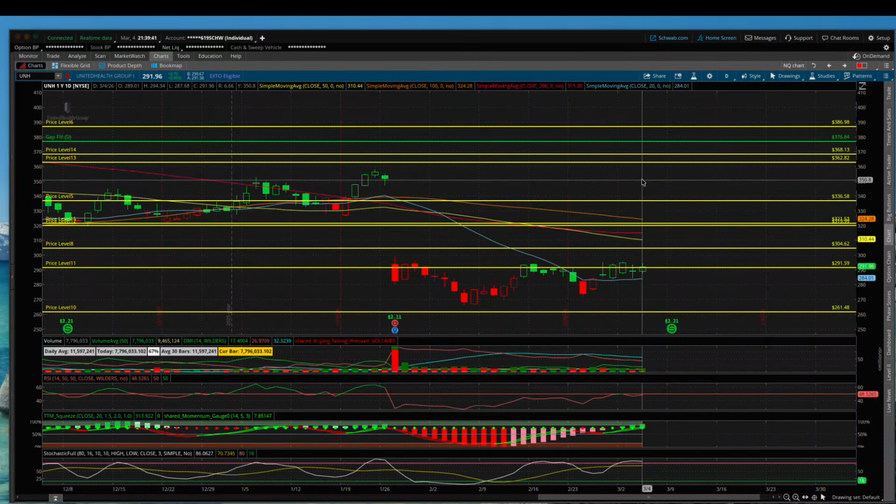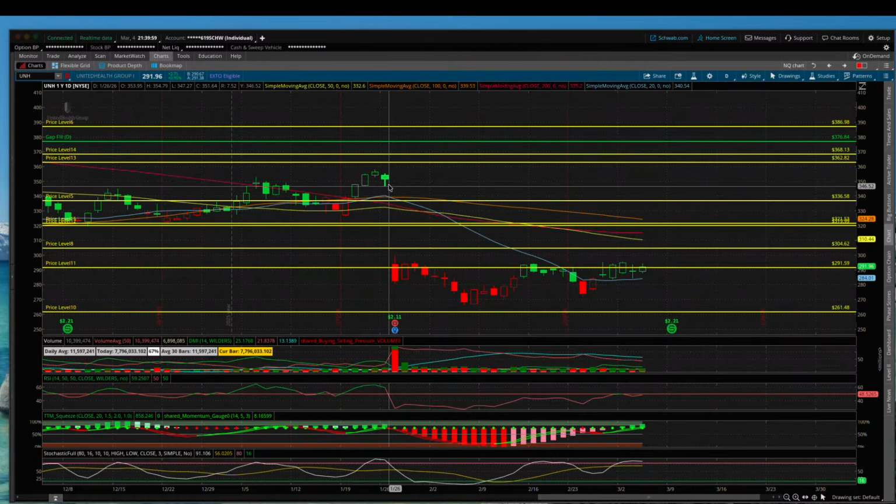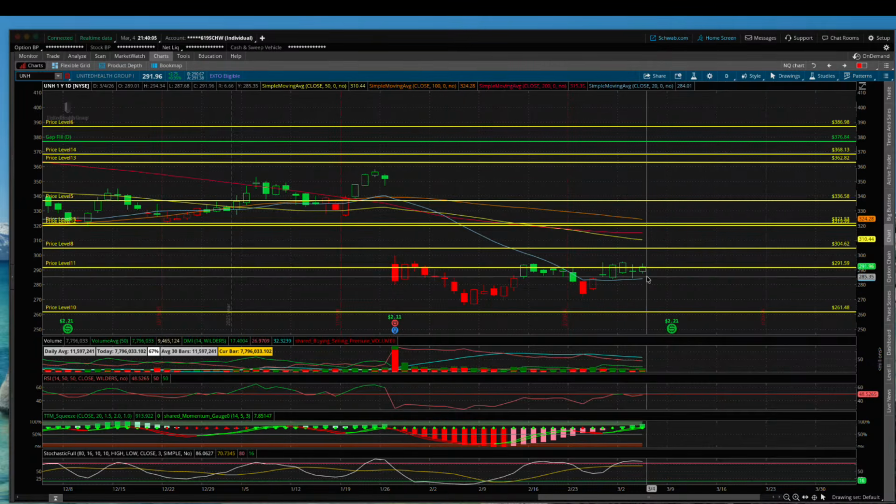If you think that you're going to get this gap fill, then you have to hope that they come out with some really good news, because their earnings came out and it was decent. They actually beat, but something dropped it really badly. So when something like that happens, the only thing that can pop it back up is something positive.